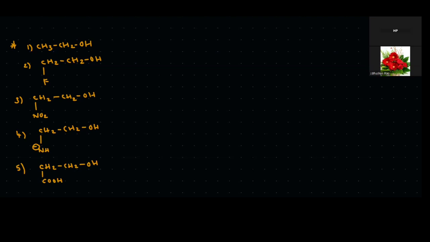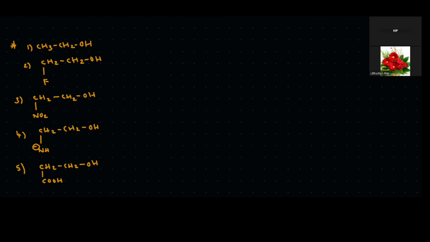This one is also very important. Here we are asking about the acidic strength of alcohols. Alcohol's acidic strength depends on whether the group contains an electron releasing group or an electron withdrawing group. The first one is directly an electron releasing group.